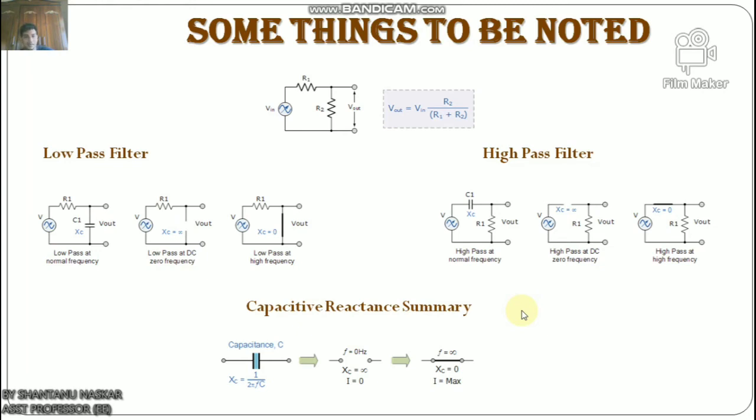With this idea in mind, a passive low pass filter and high pass filter can be constructed by replacing one of the voltage divider resistors with a suitable capacitor as shown in this figure. Look here, we just replaced it with a capacitor.